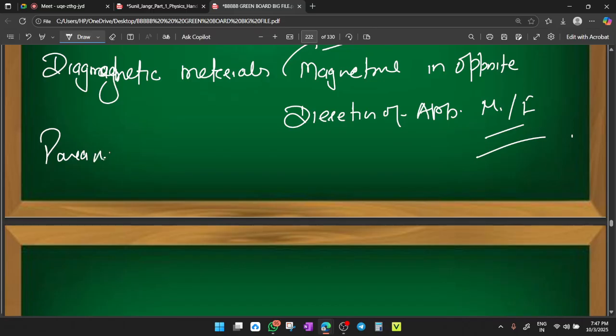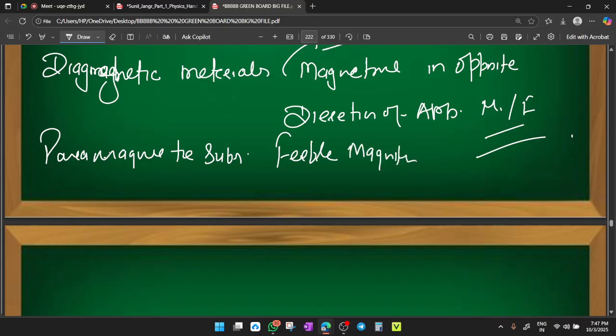In paramagnetic substances, because only one electron is there, there is feeble magnetism in the direction of the applied magnetic field. Nitin, understood? Note it, important.